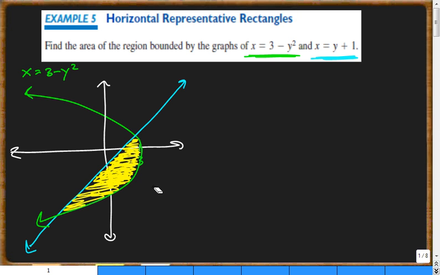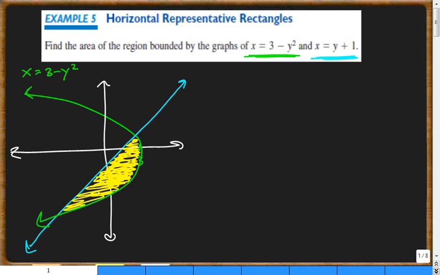But if we look at it sideways, this way, we can see that the green is always higher in terms of x. So switch your perspective, turn it a little bit, and you can see that if we think about this in terms of horizontal rectangles, the green is always on top. So that's how we have to evaluate this.